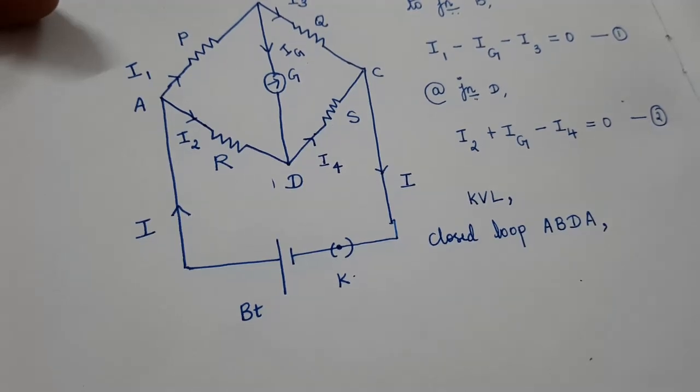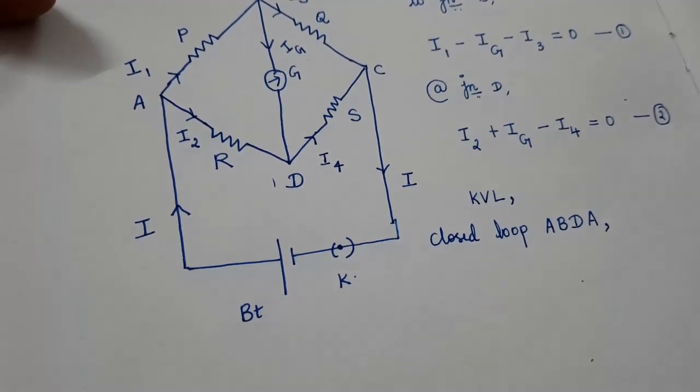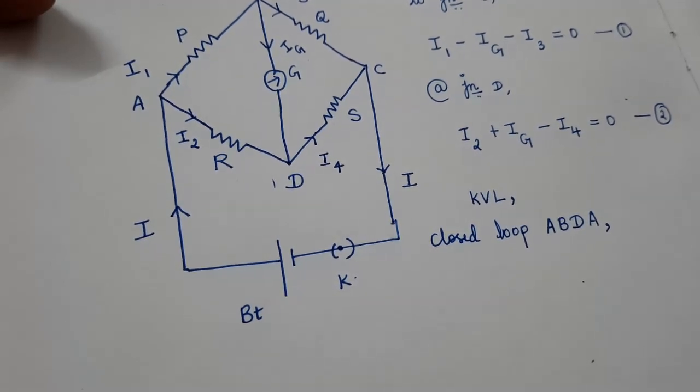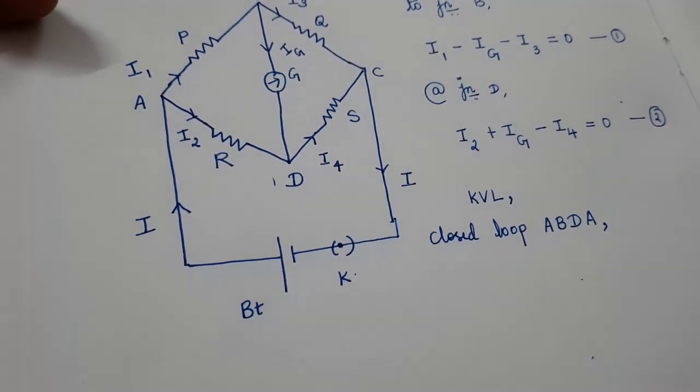The sum of the products of the current and the resistance for a closed loop will be equal to the EMF of the loop.